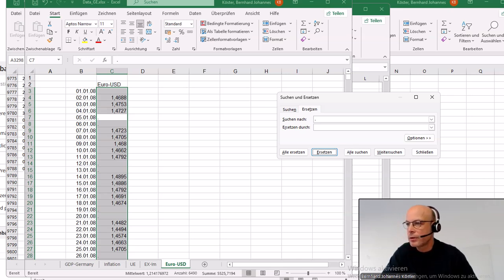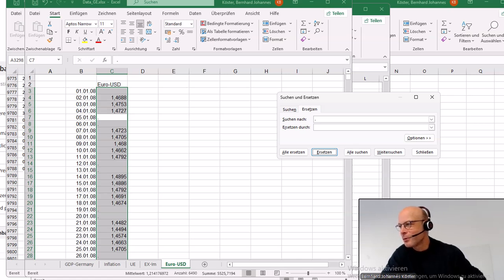Where you also have to be careful is in the international representation of data. In the United States or also in the UK, data is provided with dots for decimal numbers, and in Germany we have a comma.